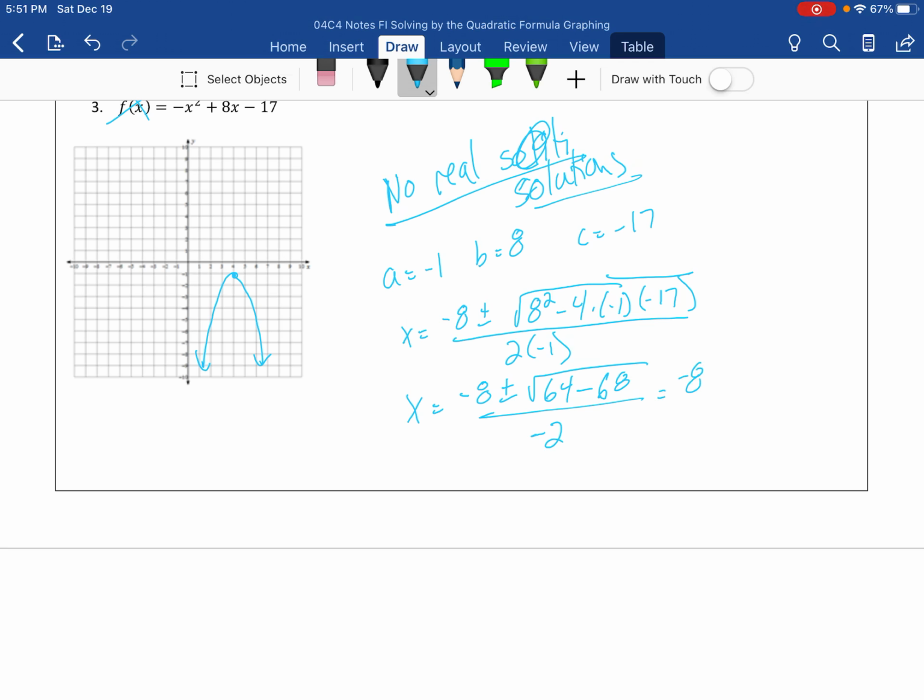68 all over -2, which is -8 plus or minus the square root of -4 over -2, which is -8 plus or minus, now, I know I'm going to have an i here, and then the square root of 4 is 2, over -2. I know I can divide all of these by -2 in this case, because I can divide by my denominator.